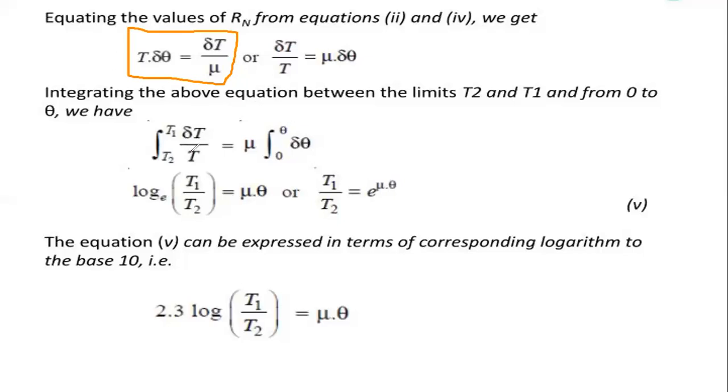Then by integration we got T1 by T2 is equal to e power mu into theta. This is the value of the tension limits, that is T1 by T2. So T1 by T2 is equal to e power mu theta.